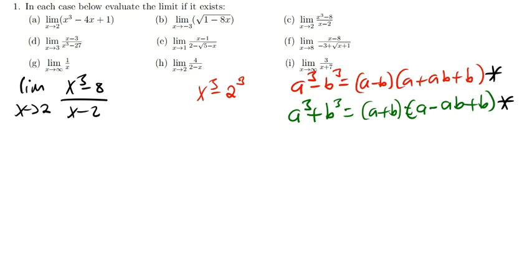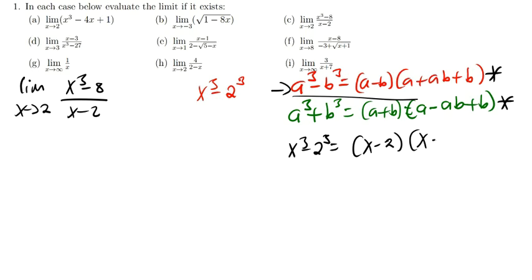Okay, so in a case where we have this, I'm going to use this formula to find what x to the power 3 minus 2 to the power 3 is. Following this formula, it is going to be x minus 2, times x squared plus ab, which is x times 2, which is 2x, plus b squared, which is 4.